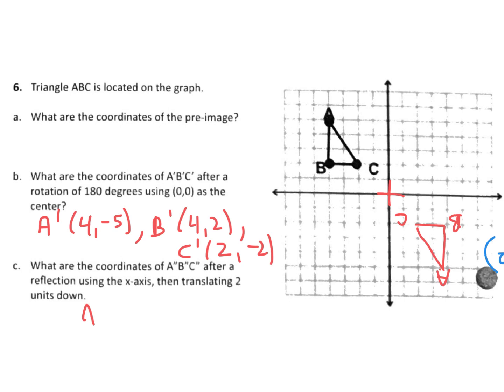So it's going to come up here. To do that, you can use your patty paper if you want, or since C prime is down 2 from the x-axis, I just reverse and go up 2. So this is C prime. B prime is here, or double prime. And then A prime would be up 5. 1, 2, right here. A double prime.